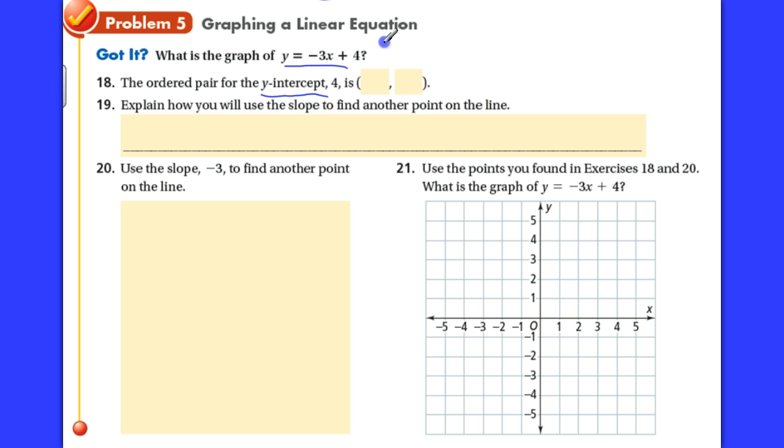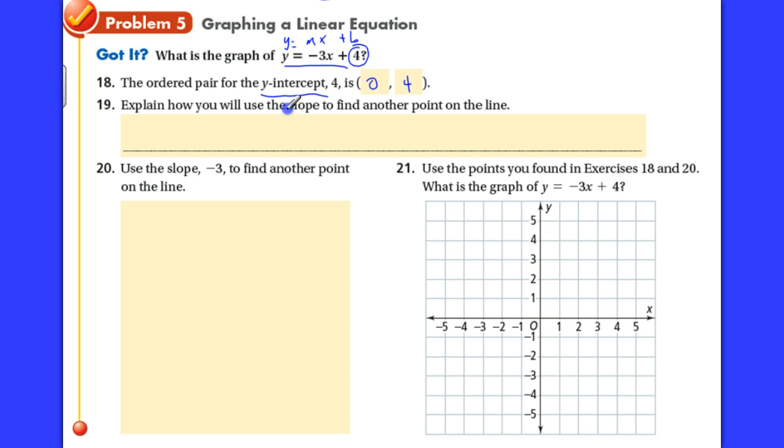If y is isolated on one side, this is in the form y equals mx plus b. That's the first thing you have to check, that it is in that form. Since that's the case, I know that b is the y-intercept, and the y-intercept would be the point (0, 4) in this case, because it crosses the y-axis there.